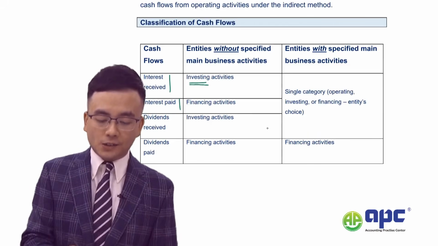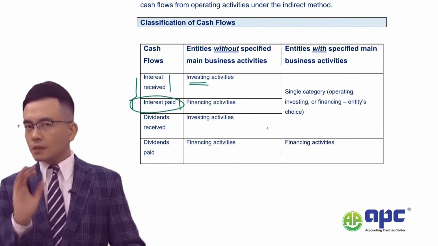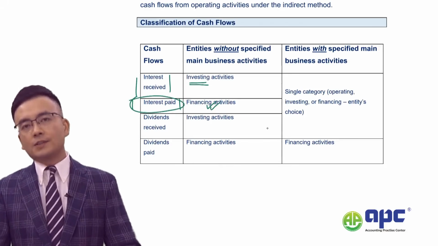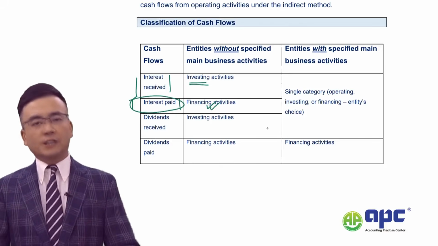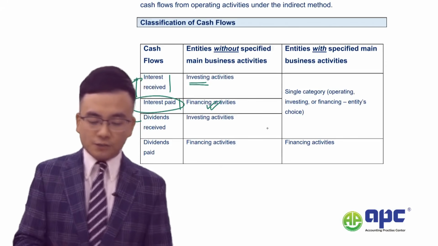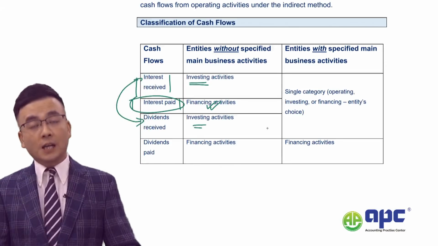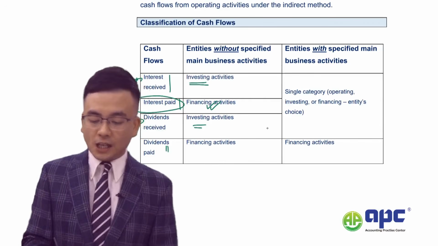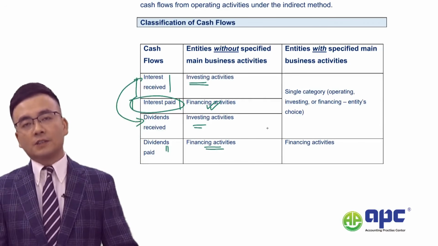Interest paid nowadays is different. Interest paid will need to be included in the financing activities, because we pay money, we raise finance, for example. But dividends received and interest received still stay the same in the investing activities. Dividends paid are still the same in the financing activities.